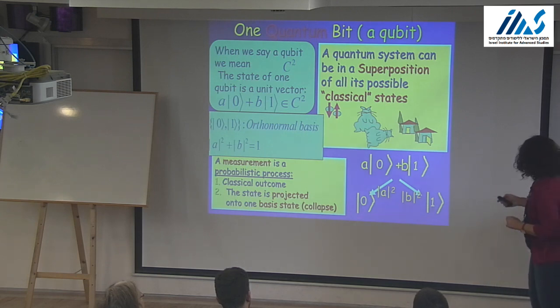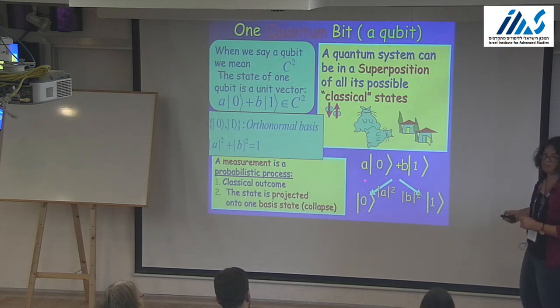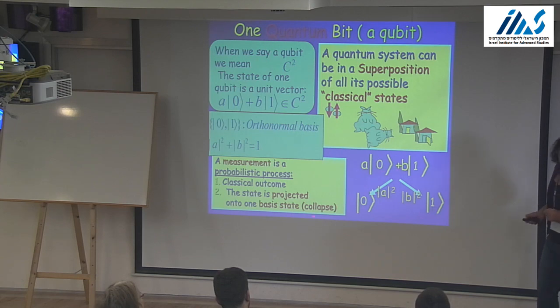So the point is that if you have a state like that, and if you measure it in the standard basis, which we'll often call the computational basis, that means that we ask the system if it's in 0 or 1, then it answers, yes, I'm in 0, with probability a squared, and then it collapses to the projection of this state on 0.